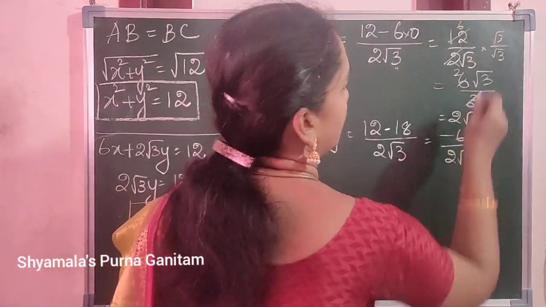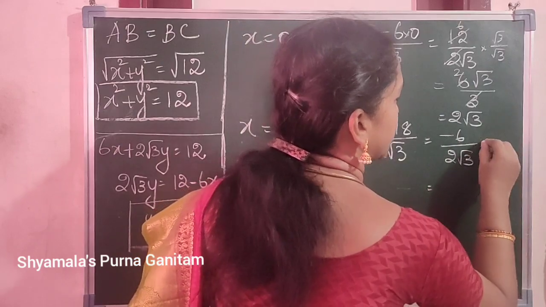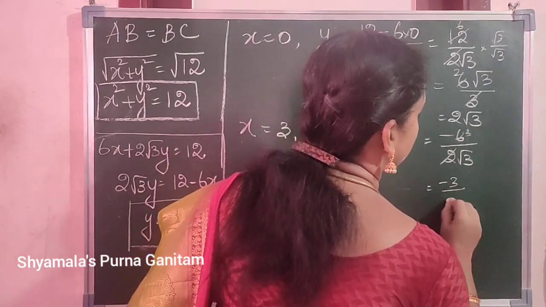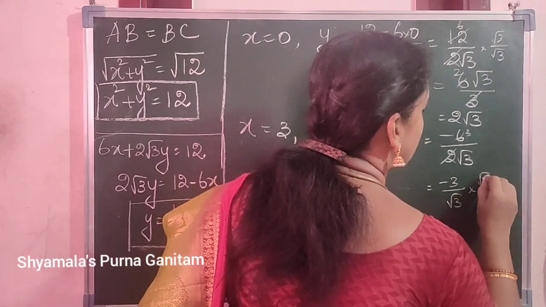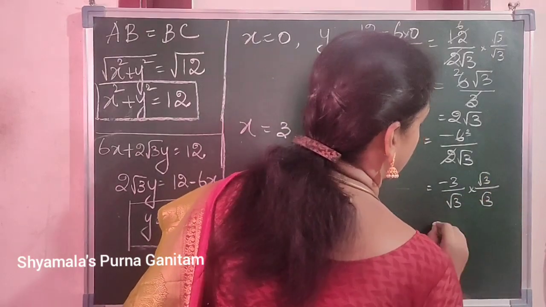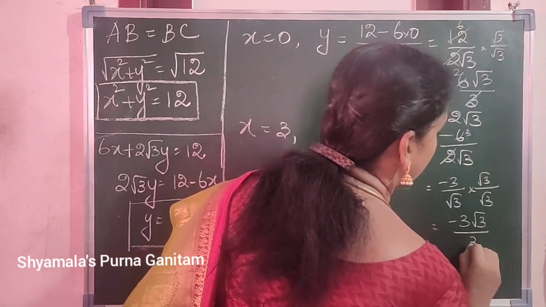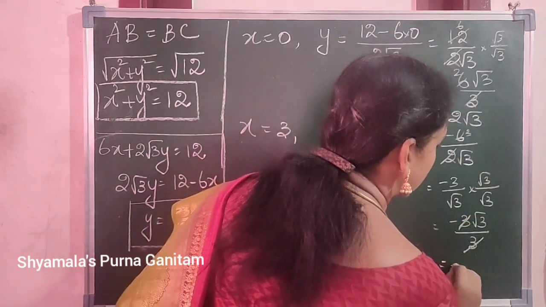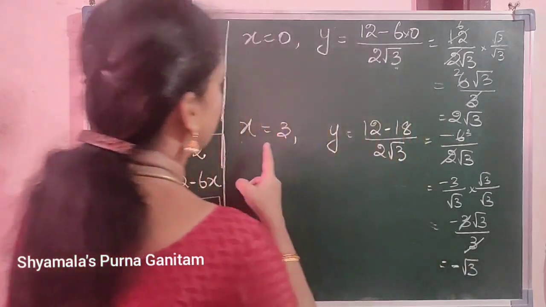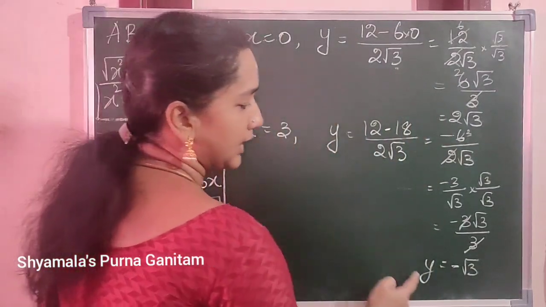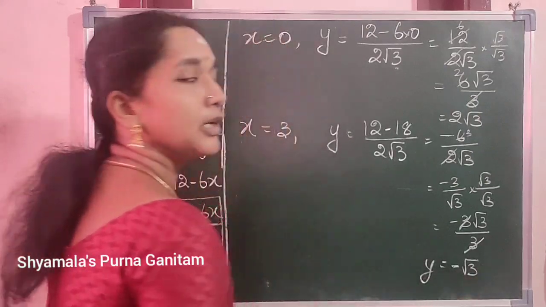Same way, this is 6 by root 3, 2 root 3, same rationalization. So this is minus 3 by root 3 into root 3 by root 3. So this will be minus 3 root 3 by 3. So I will get minus root 3. This is my y value. So if x is equal to 3, my y value is minus root 3.